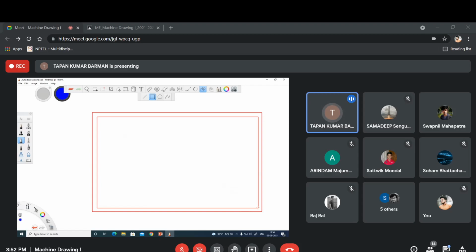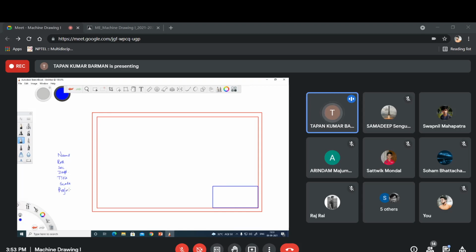Now you have to make the nameplate or title block. In the title block, at least you should incorporate your name, roll number, section, department, title of the drawing, scale you used for the drawing, and projection symbol.